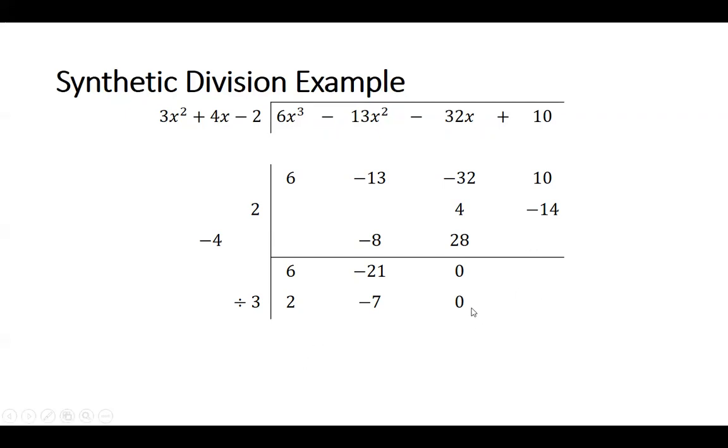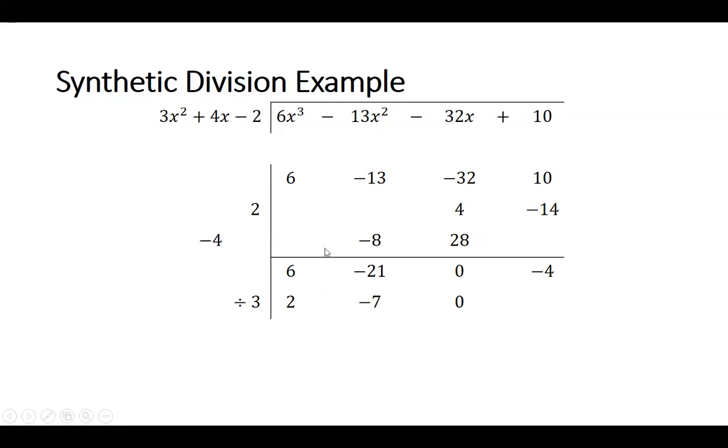And now we would go to multiply through here, but we realize we only have space to multiply by the negative 4. We don't have anywhere that we can put that multiplication by 2. So we're done with that. We're not going to fill here, and we're just going to add it. 10 plus negative 14 is negative 4.